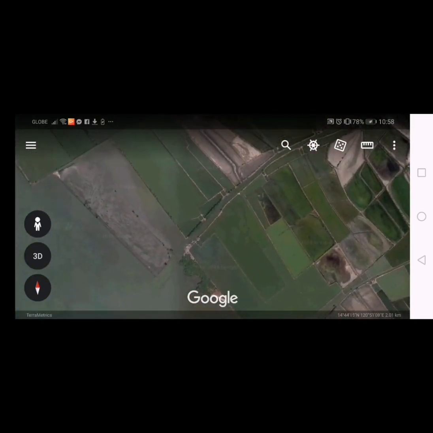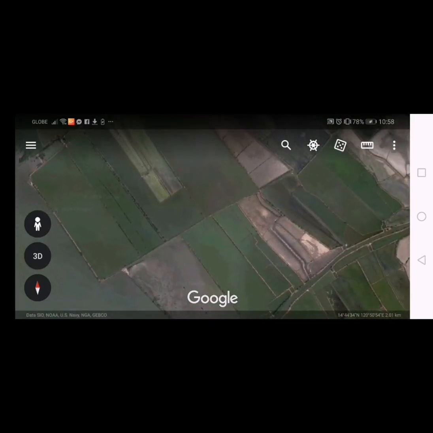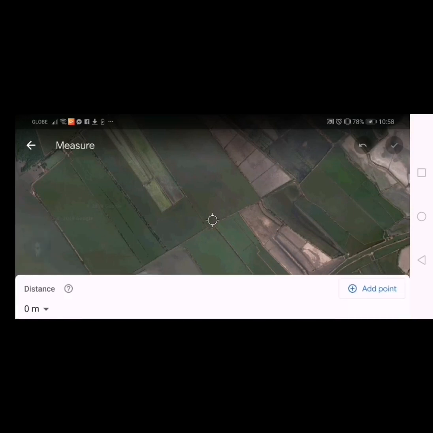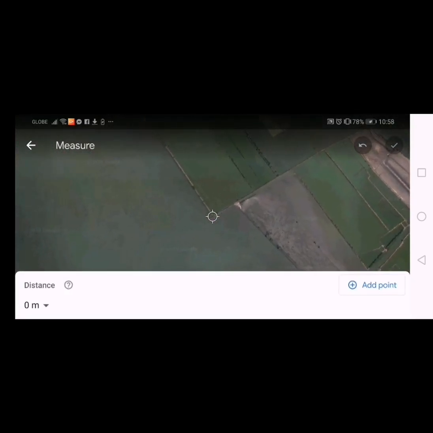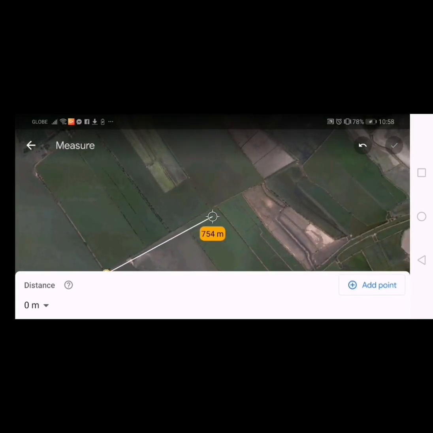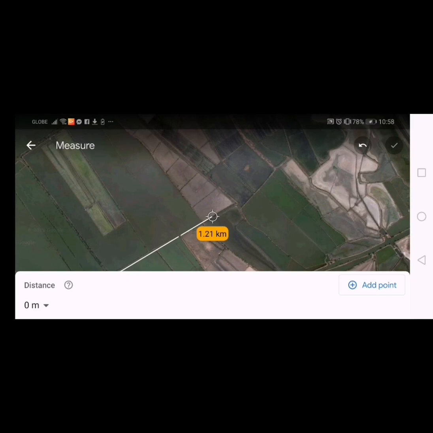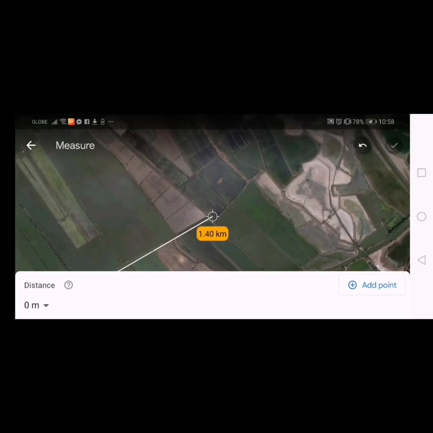Now you're looking at this rice paddies-like structure, but they're actually walls. They just look like rice paddies, but if you measure one section, it's quite long. Here I pulled up again the scale to show you how long it is. This one section alone is about 1.4 kilometers.